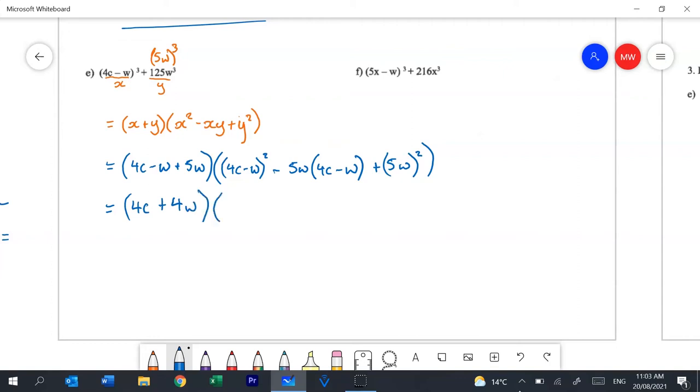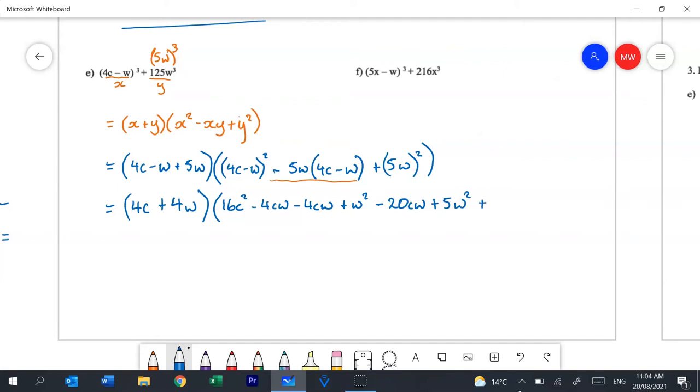And if we expand this out, we get 16 c squared minus 4cw minus 4cw plus w squared. I'm up to here now, okay? Minus 5w times 4c makes minus 20cw. And minus 5w times minus w makes positive 5w squared.